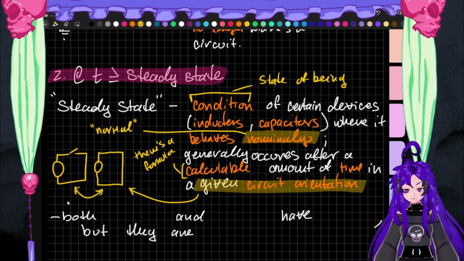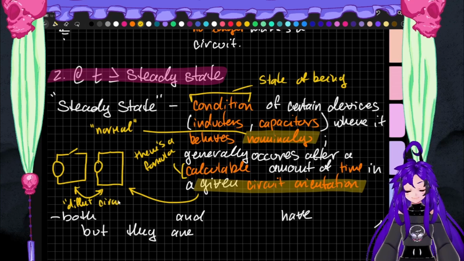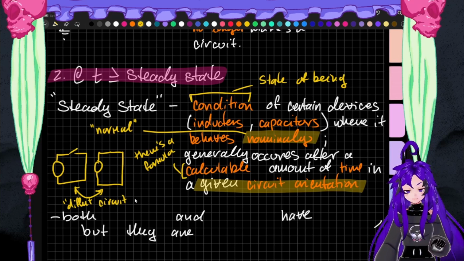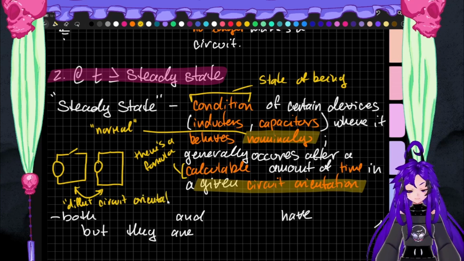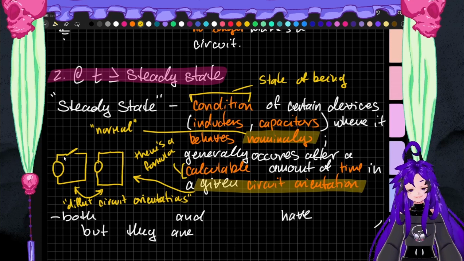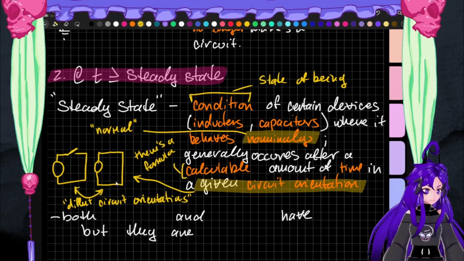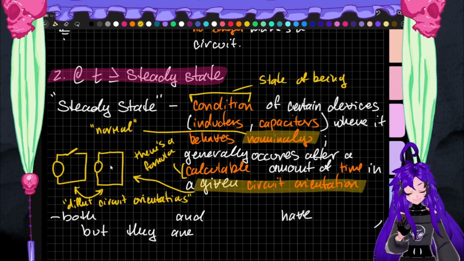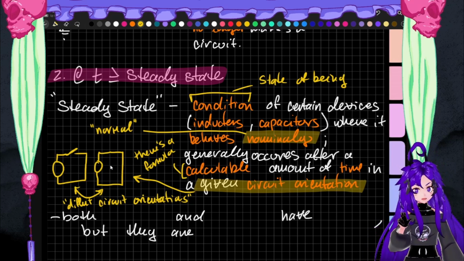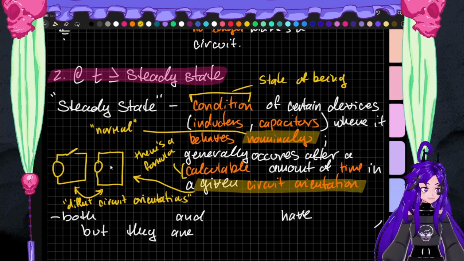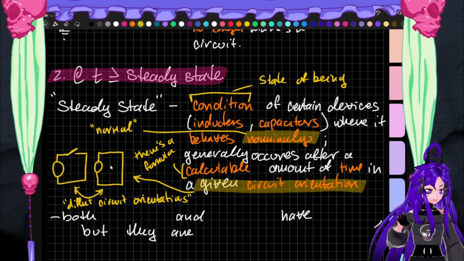These two are different circuit orientations. Okay? So it just means that, hey, it's been switches closed for a long time, or it's been switches open for a long time.